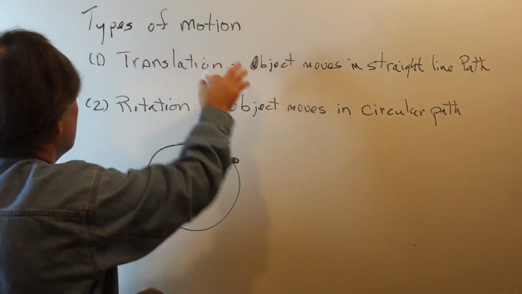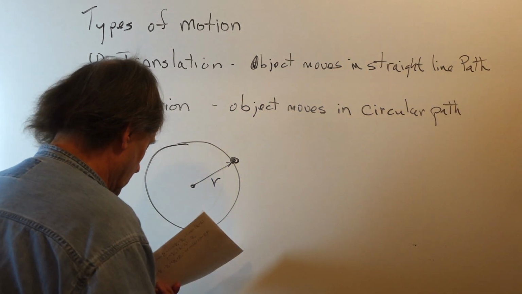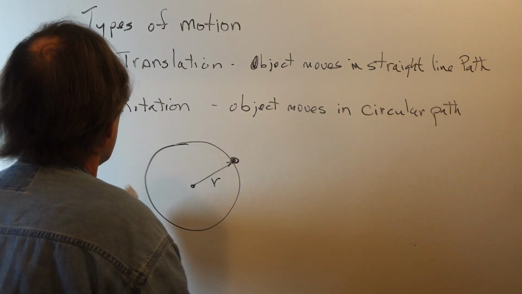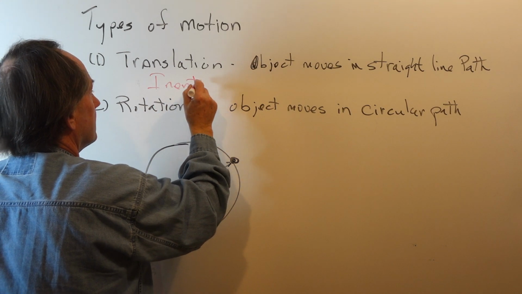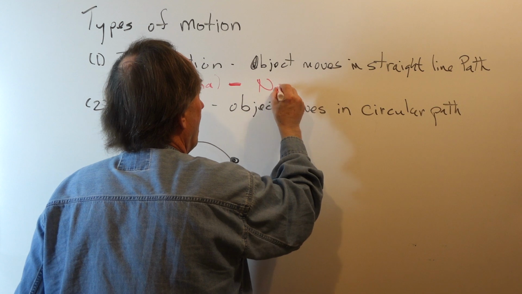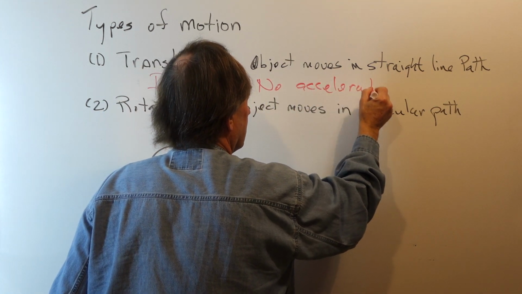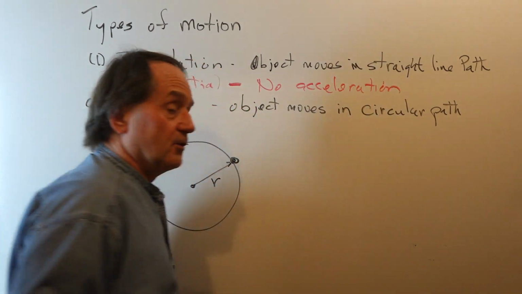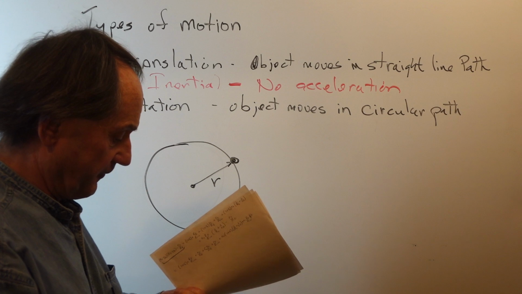Now, there's a special case of translation that we call an inertial reference frame. An inertial reference frame has no accelerations. Pure translation at a constant velocity is what we call an inertial reference frame.